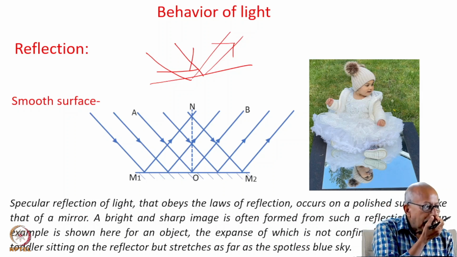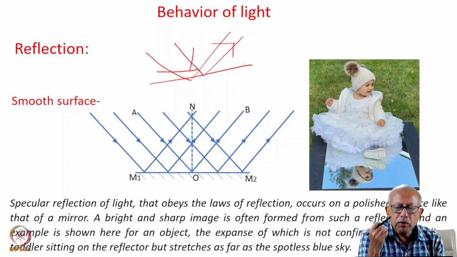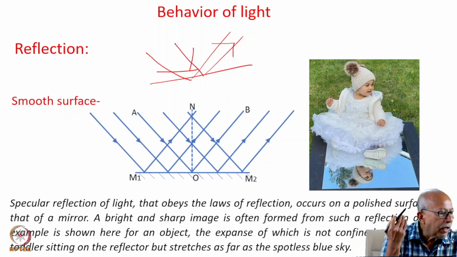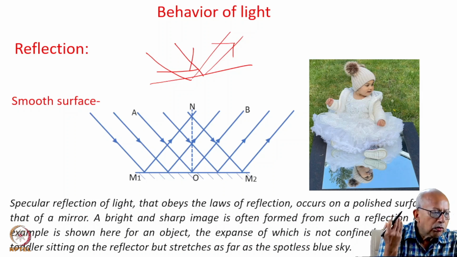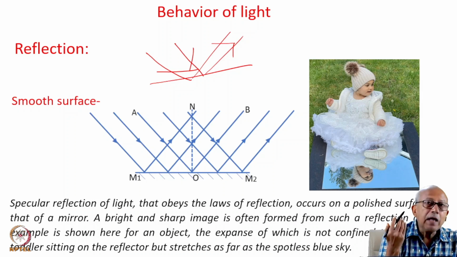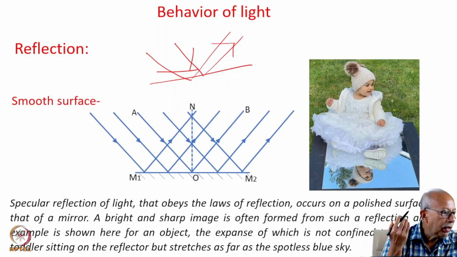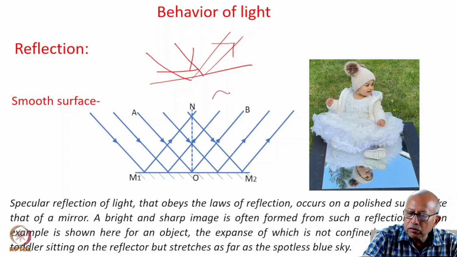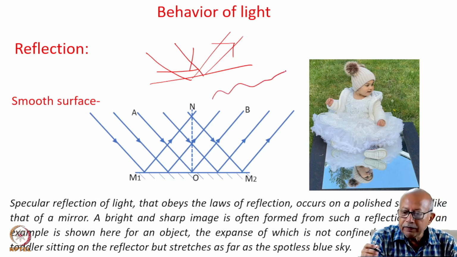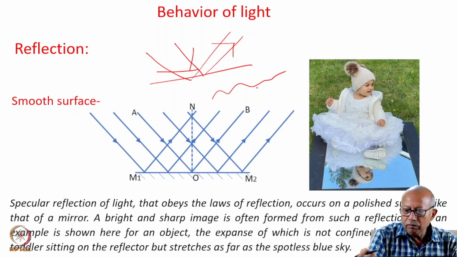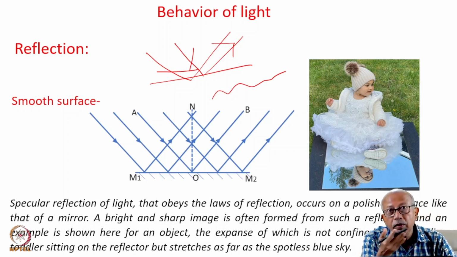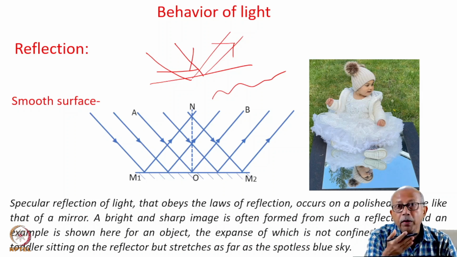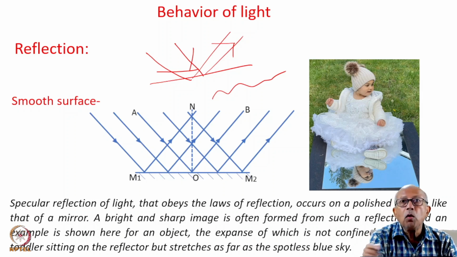But whenever we talk of reflection of light, we must consider three different kinds of surfaces: a smooth or polished surface, such as that of a plane mirror; an opaque and rough surface, normally characterized by micro irregularities that are not visible to the naked eye, and which is of course abundant in nature, for example, even the page of your paper on which probably you are taking notes of this lecture.